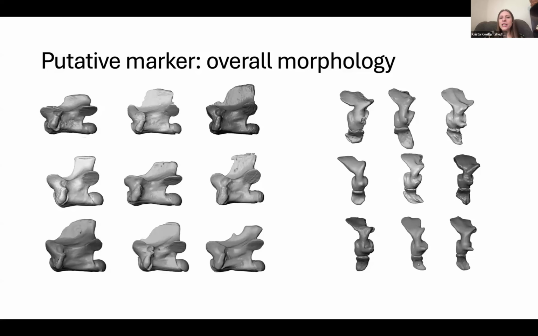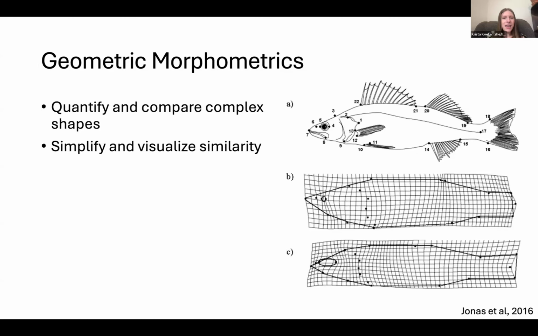Another putative marker is overall morphology. As we saw before, there's a big difference in morphology between trunk vertebrae and neck vertebrae. And luckily, we have a way to quantify this variation and compare it. I use geometric morphometrics, which, to simplify, means you simplify complex shapes, and then you can compare them and see how similar they are.